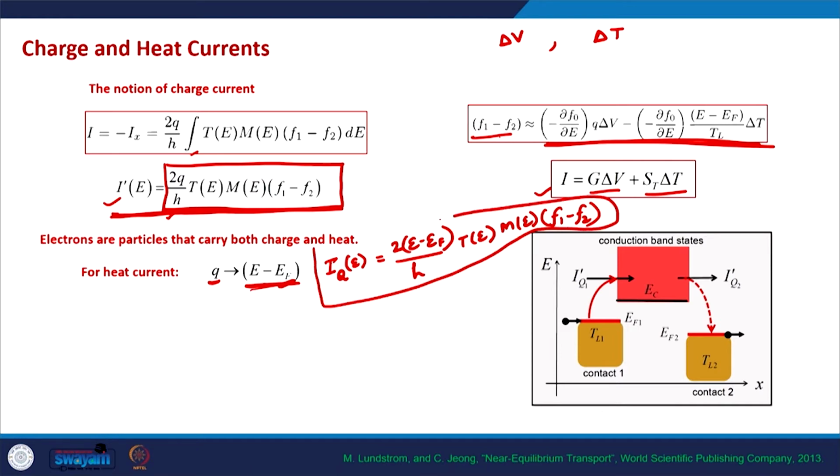Please remember that this is not charge current, and that is why it is the heat current, and its unit will also be different. So, I will give you a few minutes to think about what would be the units of IQ, and we will come back to this in coming slides.